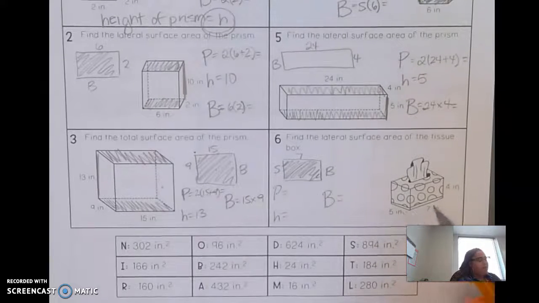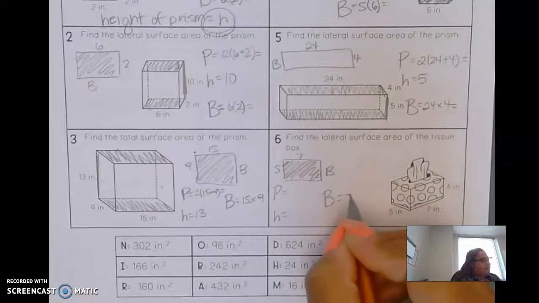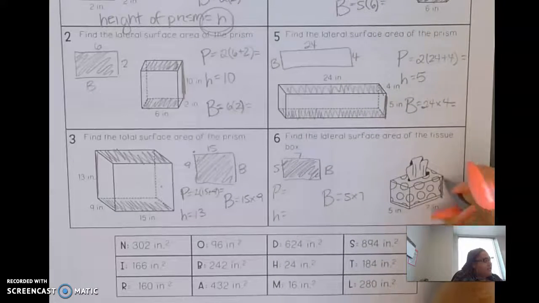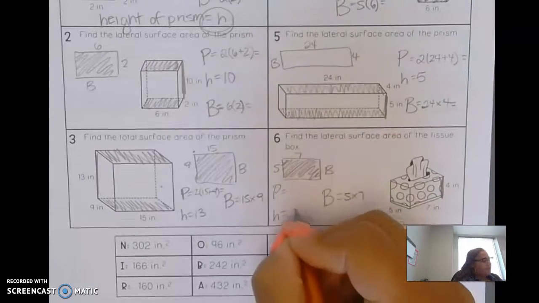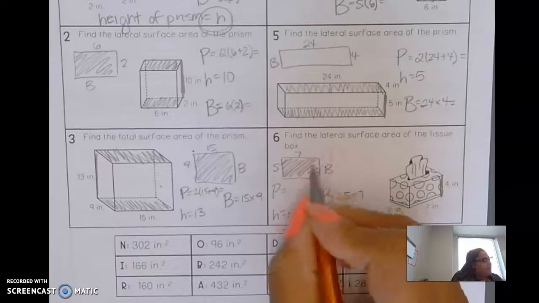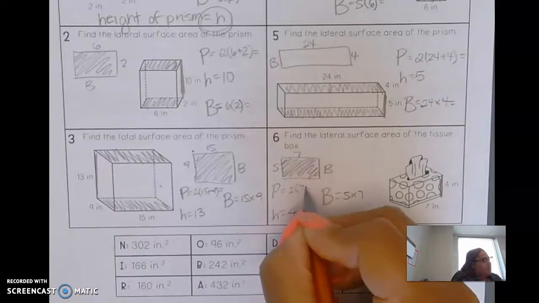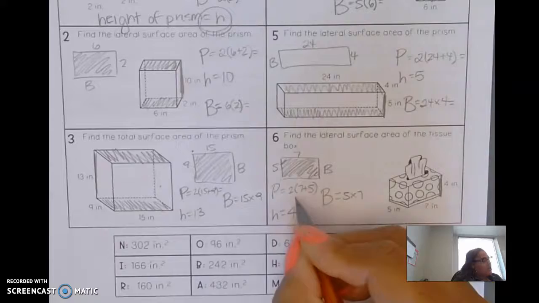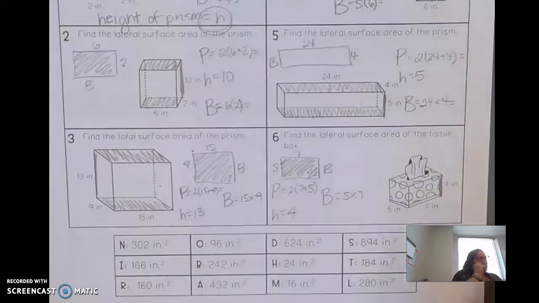Over here, let's work backwards. Big B is 5 by 7. H is what connects the top of the tissue box to the bottom of the tissue box, which is 4. And then big P is 2 times the quantity of 7 plus 5, because I've got 2 sides that are 7 inches long and 2 sides that are 5 inches long. And all of these are going to be in square inches.